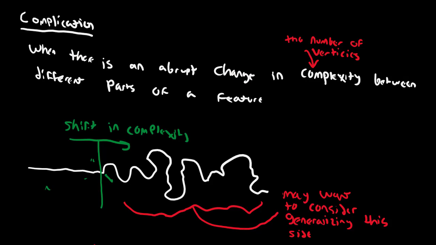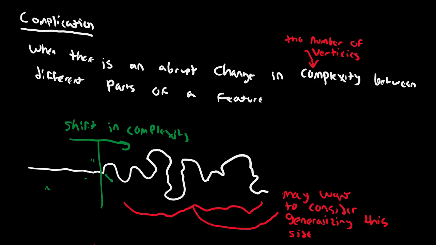It's just a comparison within a data set or within a feature where some parts are relatively simple and other parts are extremely complex, and it can be very jarring. You may want to address that issue so that you don't have this sharp tonal shift from relatively straight and simple to all of a sudden immense levels of variation and complexity.